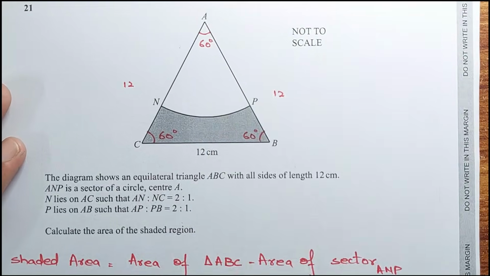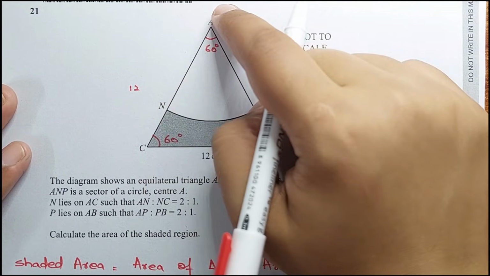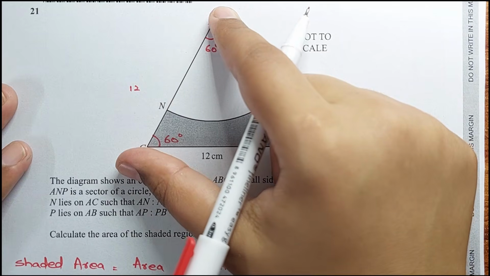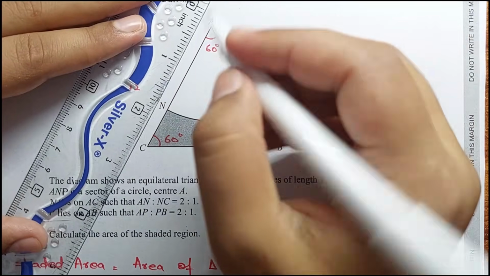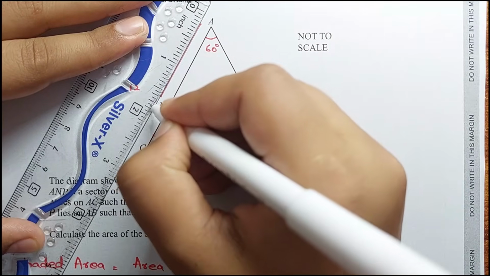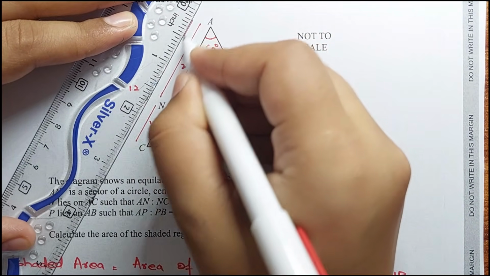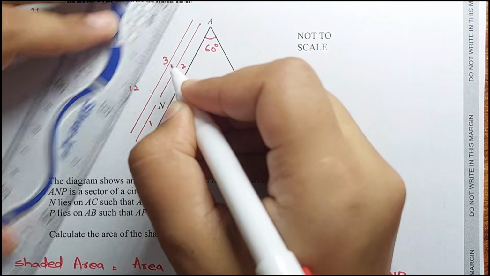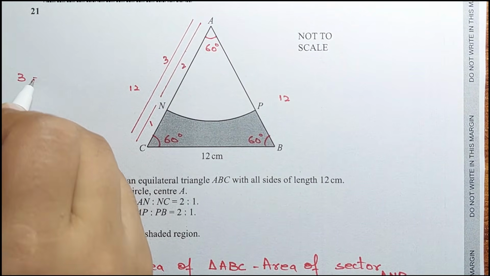Now we are stuck on the radius of this sector. This length is 2, this length is 1, and the whole length is 3. So 3 represents 12.